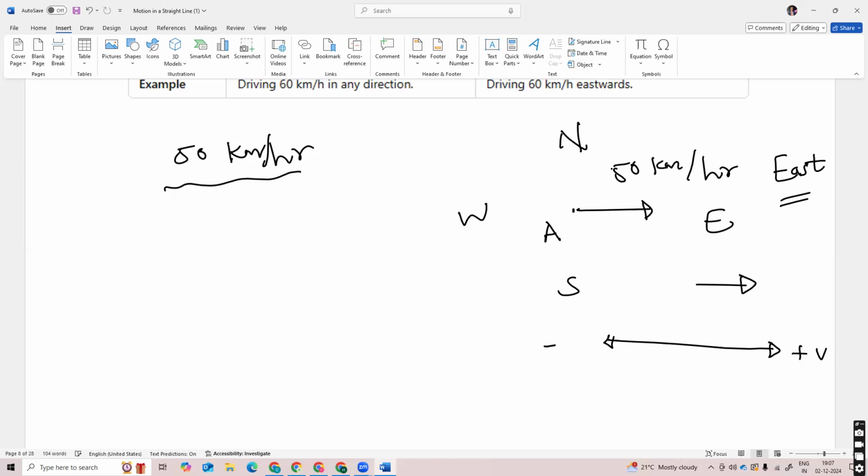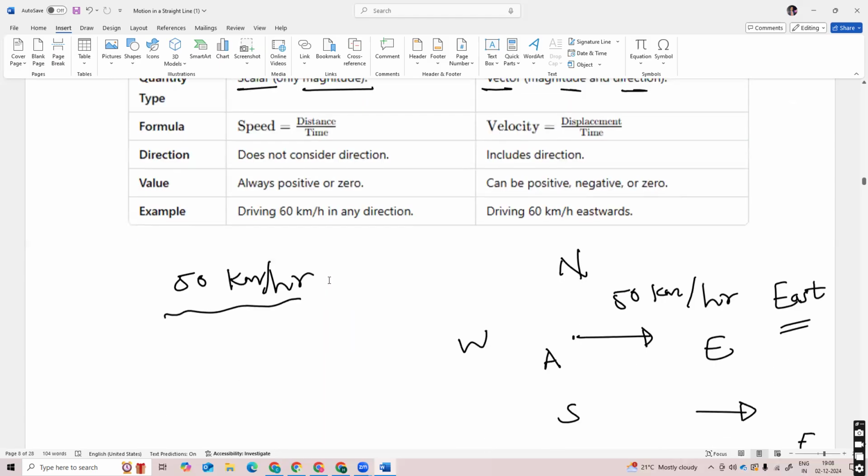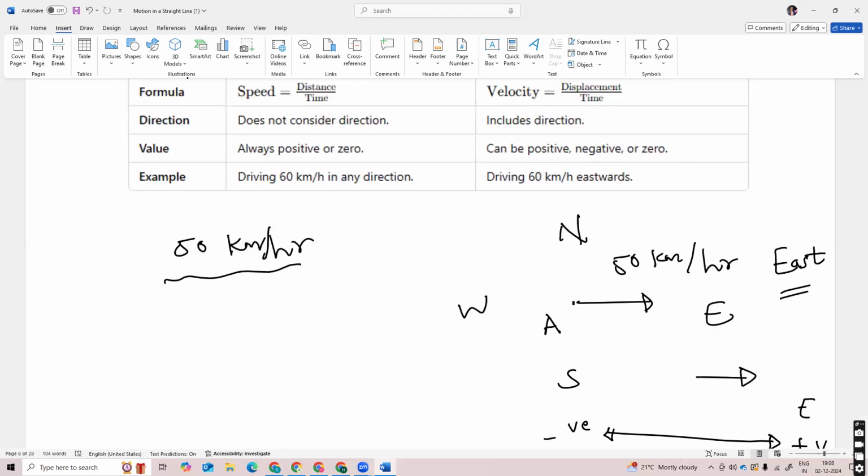Let's say positive is towards east and negative is towards west. If you write plus 50 kilometer per hour, then it is moving towards east, or if you say minus 50 kilometer per hour, then it is moving towards west. In both cases you can see that velocity can be positive as well as negative based on the notation or direction you decide, whereas speed is always positive.